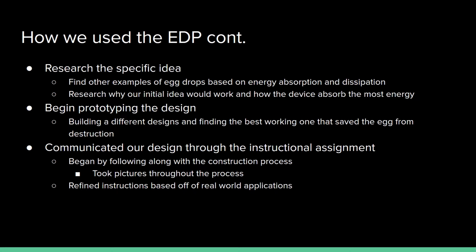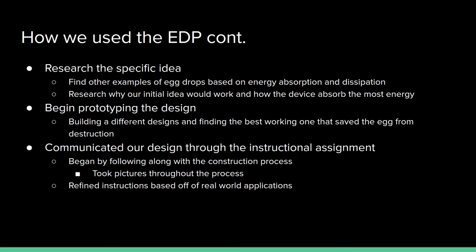The final step of the engineering design process for our assignment was to create a set of instructions that would allow another team or team member, not part of our team, to create the egg drop device that we initially created.